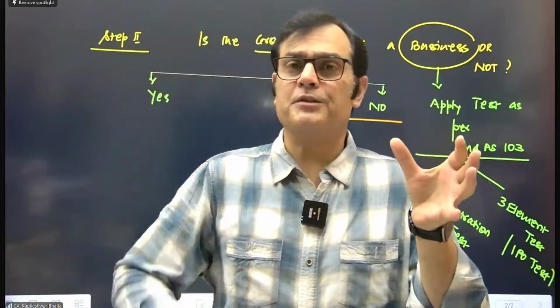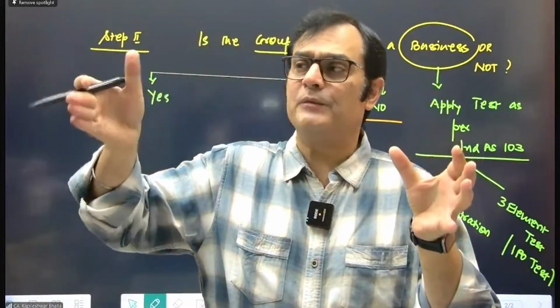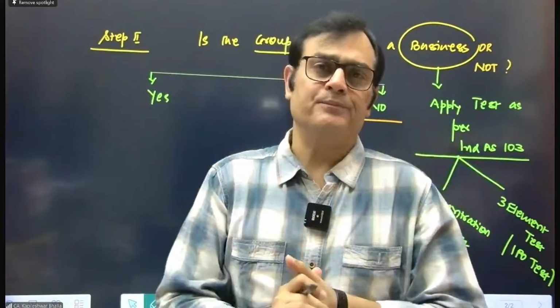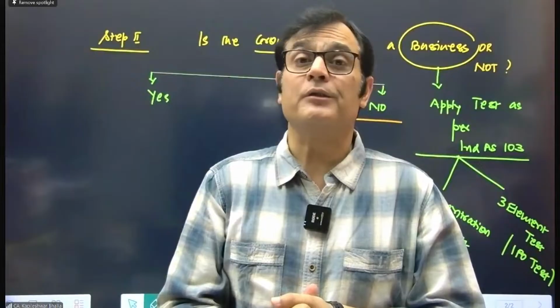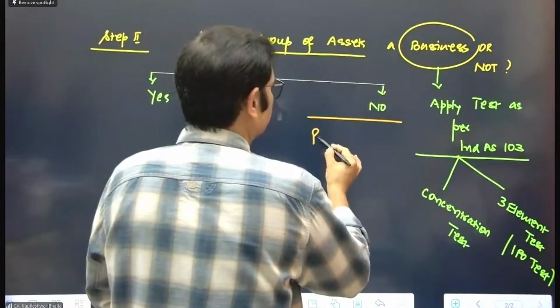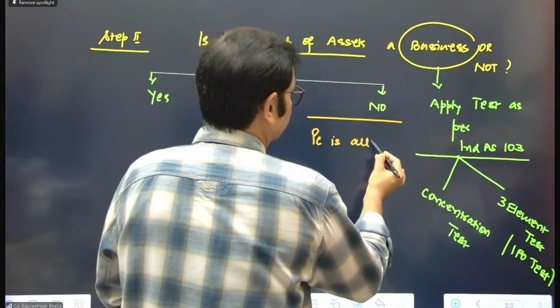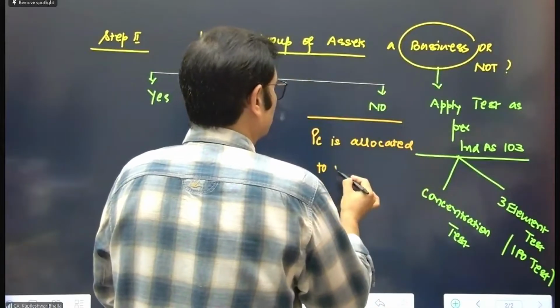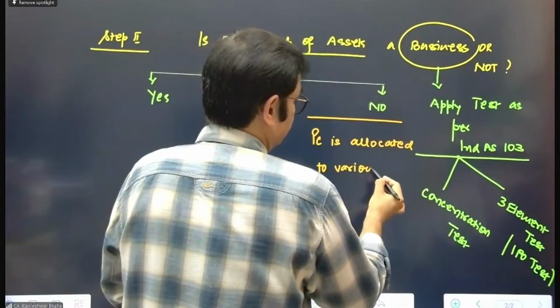That consolidated consideration is to be bifurcated between the individual assets acquired. So just divide the purchase consideration in the ratio of fair value. So you can say in this particular case, the purchase consideration is allocated to various assets.